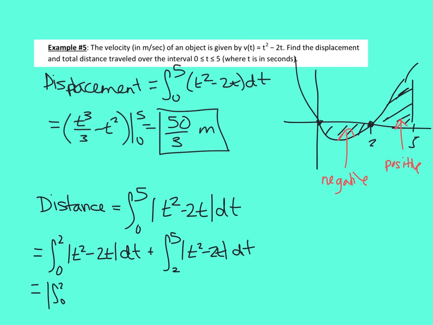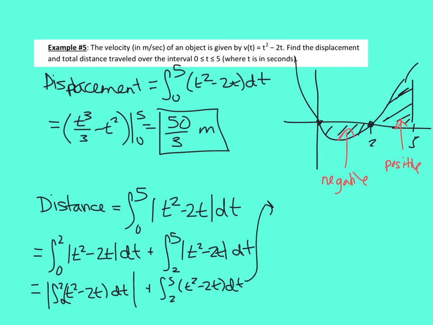I know I'm going to get a negative value, and once I get the negative, I'm going to make it positive. The second one, we know it's going to be positive, so we can take away our absolute value bars. We don't have to worry about that. Go ahead, pause the video, see if you can figure this next part out on your own.